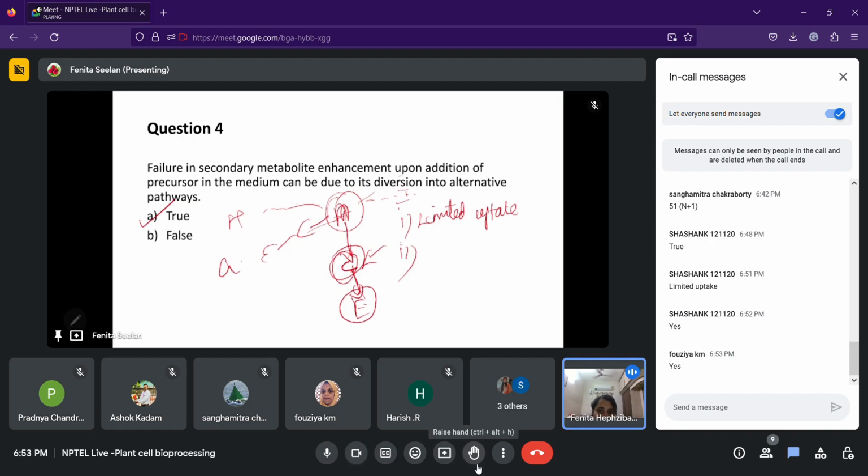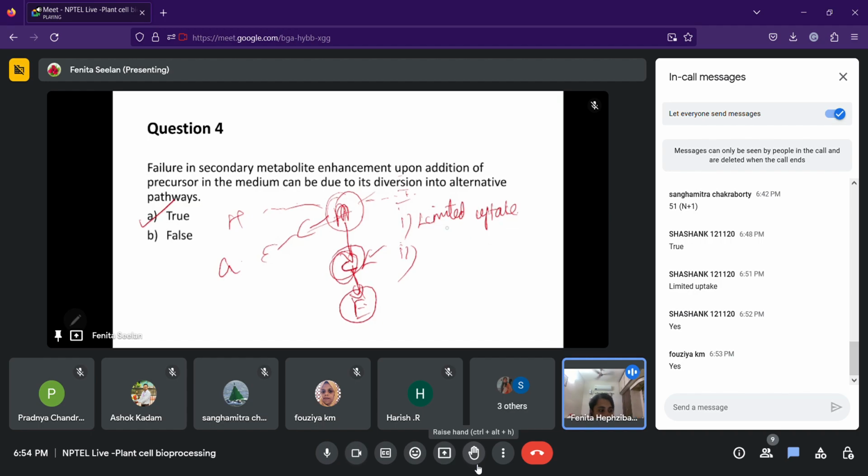So there are multiple ways you can increase secondary metabolites. One such way is addition of your precursor, addition of elicitors, and at a certain extreme you can go with metabolic engineering to modify the pathways. But the problem here is that you need to know the pathway.